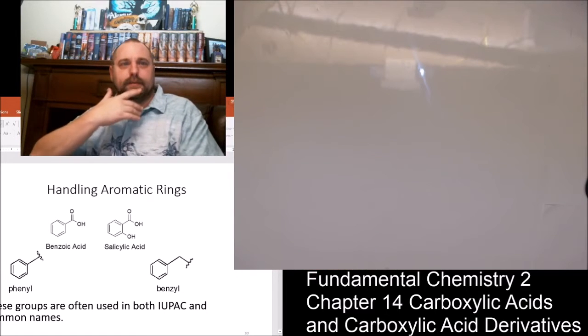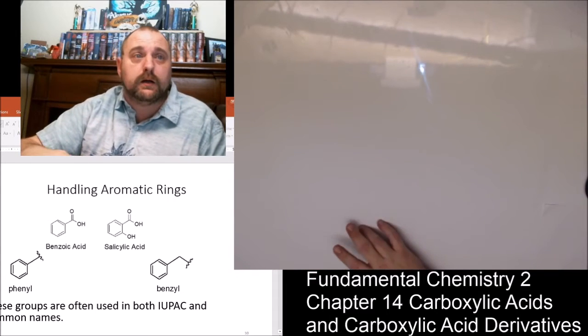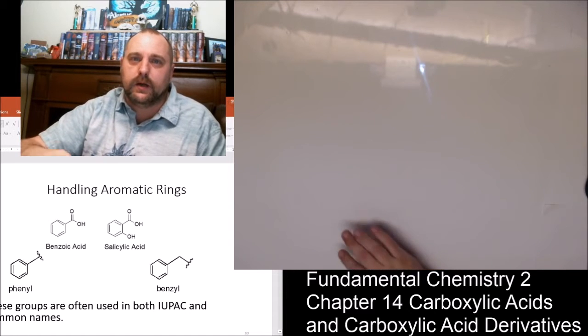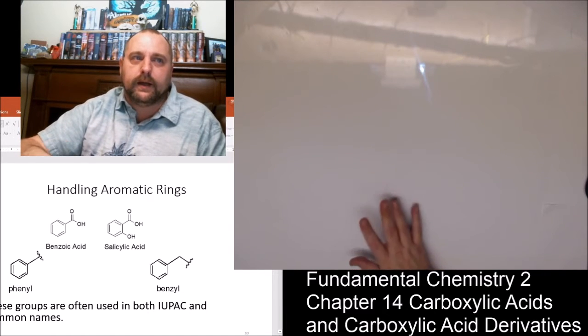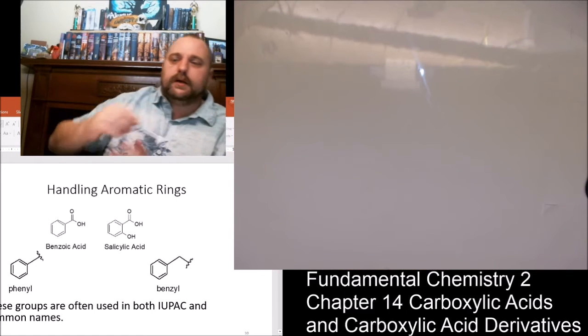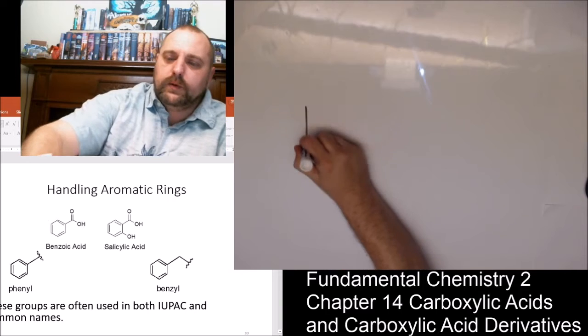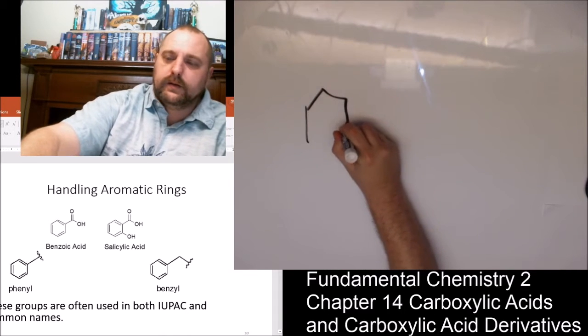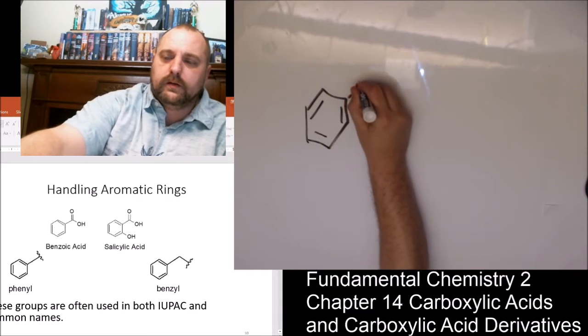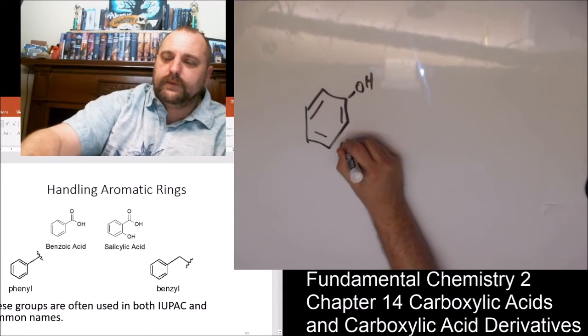Aromatic rings can be a little bit of a problem. So remember, you can't put a carbonyl inside the ring. It would be too many bonds. And so our easiest one then, remember that this was phenol.